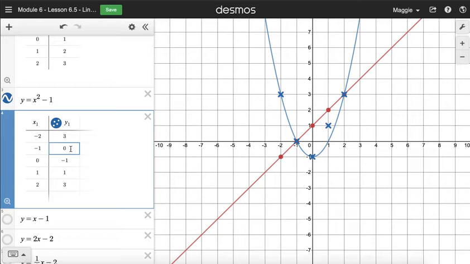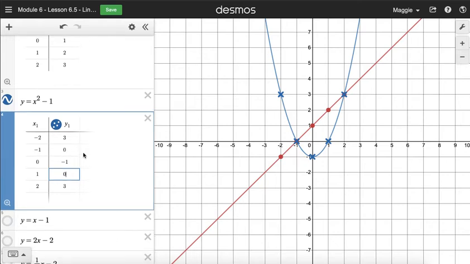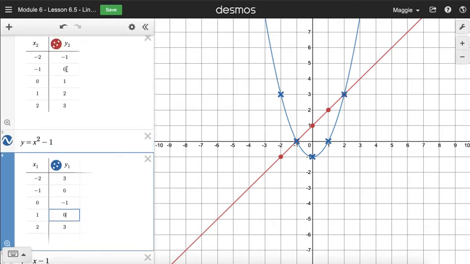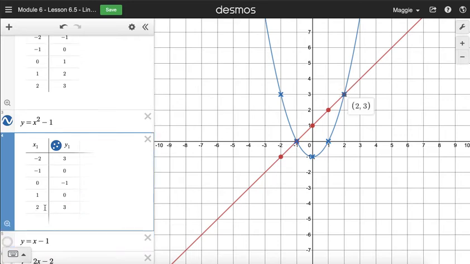We can see that same point here at -1, 0 on the line. We can also see it with 2, 3. We can see that point on our table for the parabola as well as that same point on the table for the line.